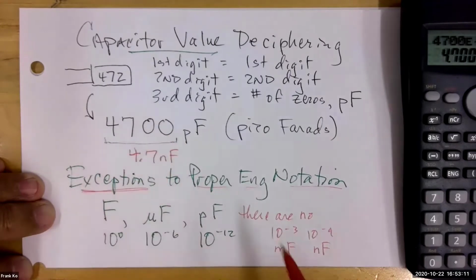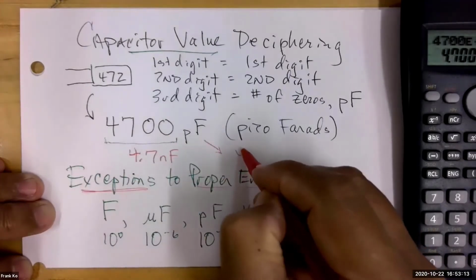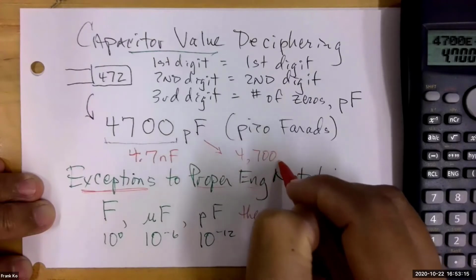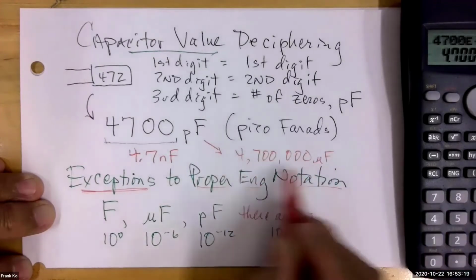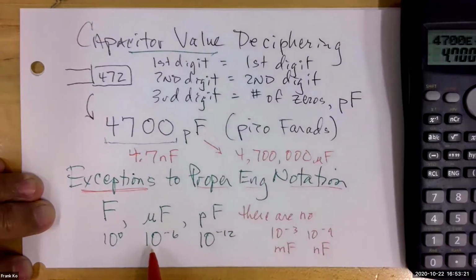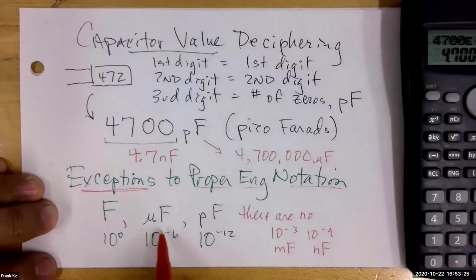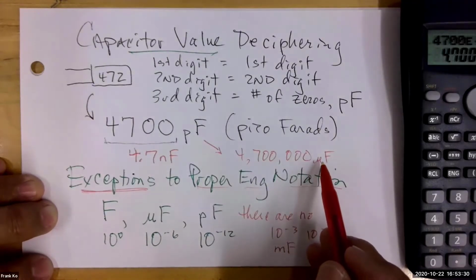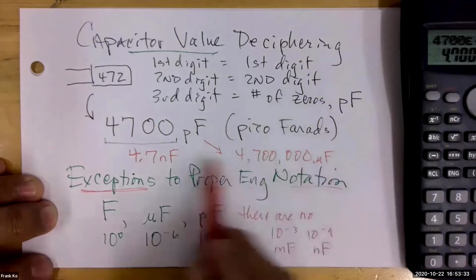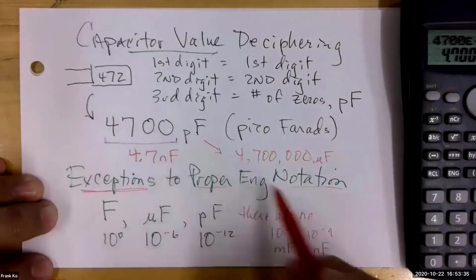Because in microfarads, this guy would be 4,700,000 microfarads, and that becomes way too cumbersome. So even though microfarads is a standard capacitor value, 4,700,000 microfarads is just way too high, okay? So we're going to do it this way.